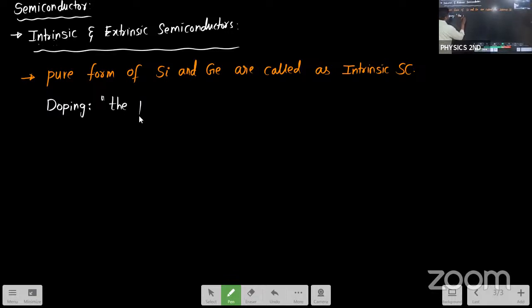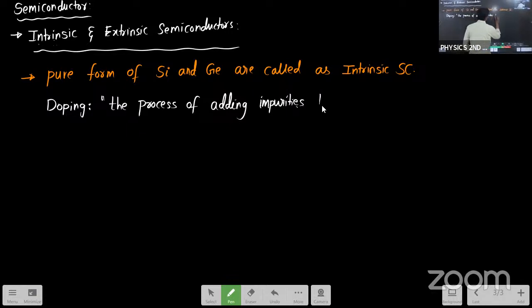The process of adding impurities to a pure semiconductor, or you can also write intrinsic semiconductor, is called doping.